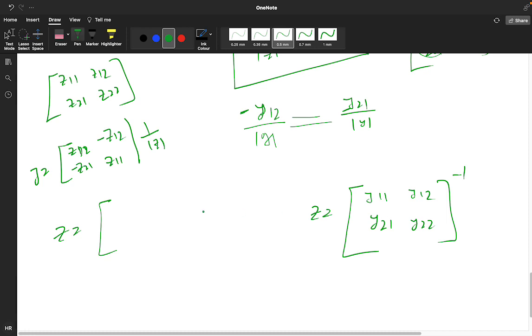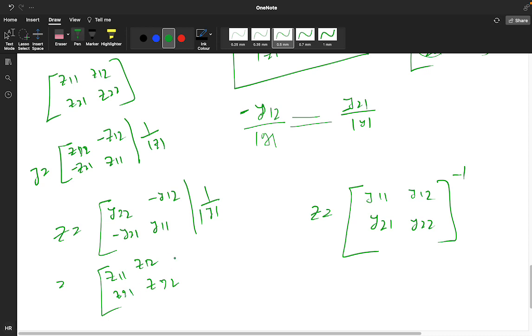So if you are inverting, what you are getting is Y22, Y11, minus Y12, minus Y21, over determinant of Y. So compare this result with Z11, Z22, Z12, Z21.